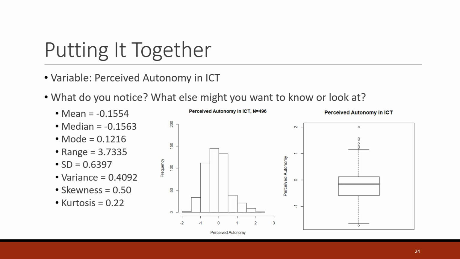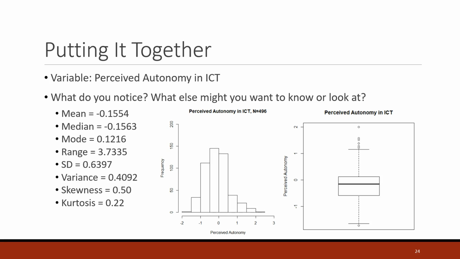Okay, so from the mean, we can see that the average value here is negative 0.1554, the median, the middle value, is negative 0.1563, and the mode is 0.1216. Then we have the range, 3.7335. Here we might want to know the minimum and maximum, and whether they make sense for how we know this variable is measured.